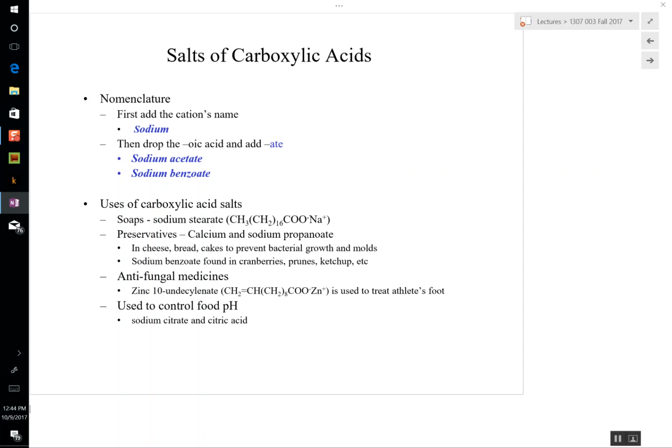Here's another metal salt of a carboxylic acid, undecylenate. It's got a double bond here, 8 carbons, 9, 10, 11 carbons, and zinc, and it's in an athlete's foot cream or treatment, this zinc 10-undecylenate.